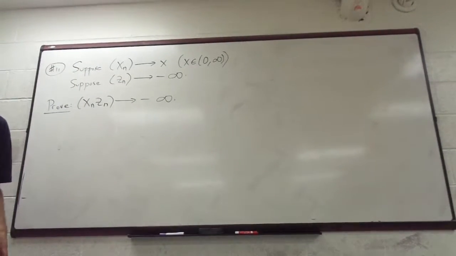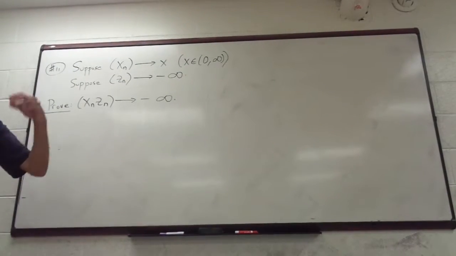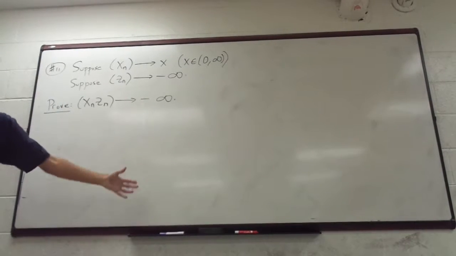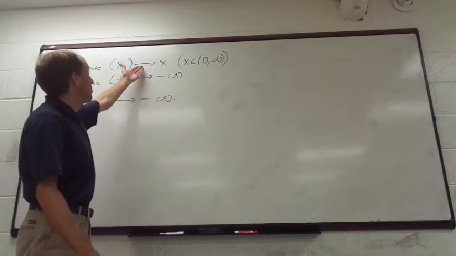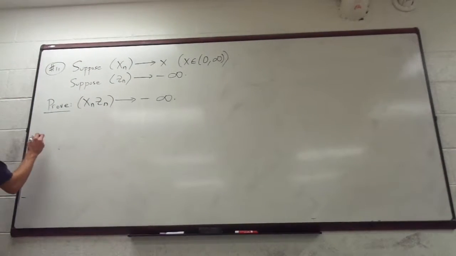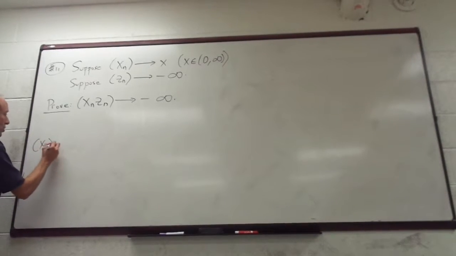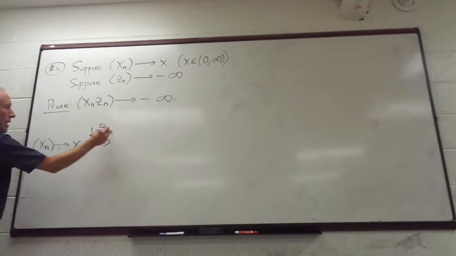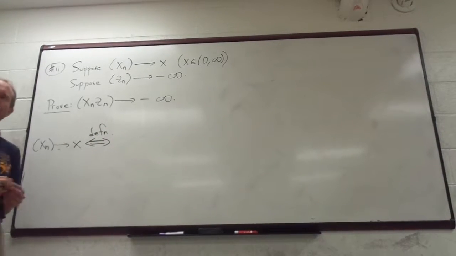If this is on a test, I'm going to have a part A. Part A is going to say, what does it mean for a sequence to converge to minus infinity? Or I might even just ask, what does it mean for xn to converge to x? Let's write them both down. These are just the definitions. So the definition of xn converges to x. Can somebody tell me what it is?